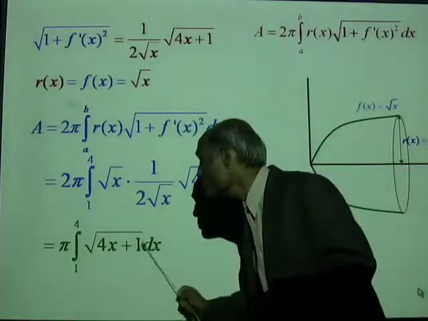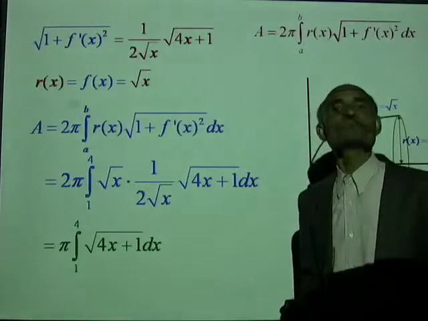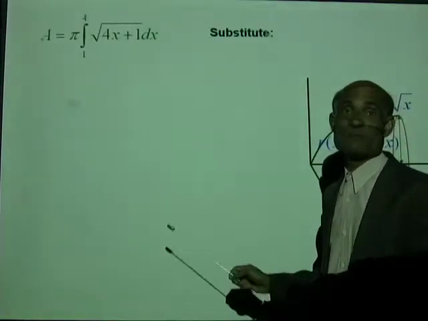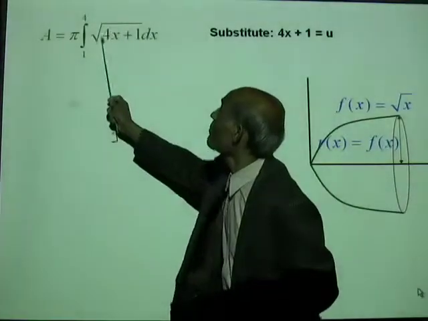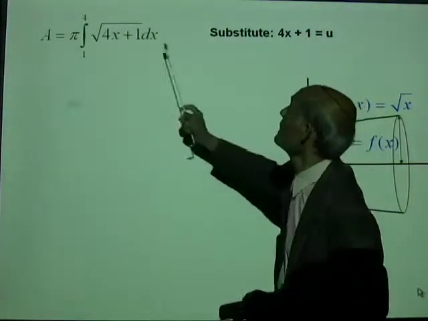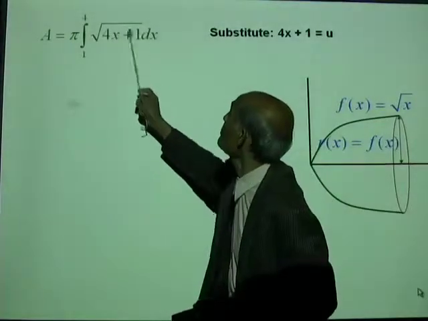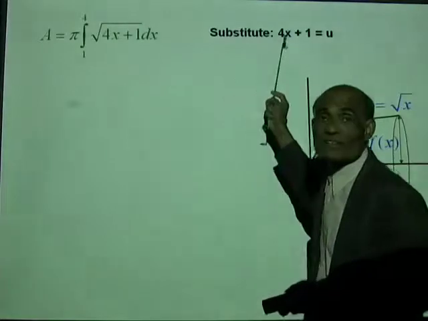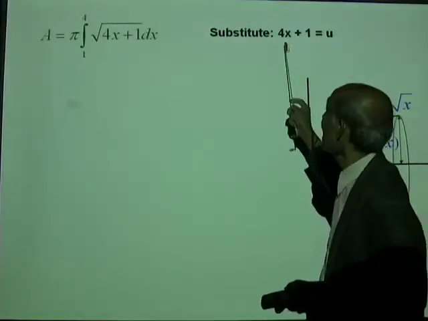Now, can you do this integration on your own? What's the method? Well, the method is to substitute the quantity 4x plus 1 equal to u, and when this becomes u, you need to replace your dx. What's the method? Take the differential of both sides.